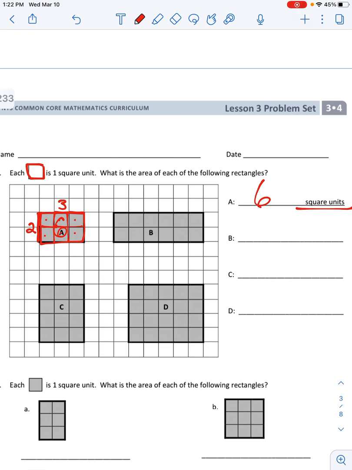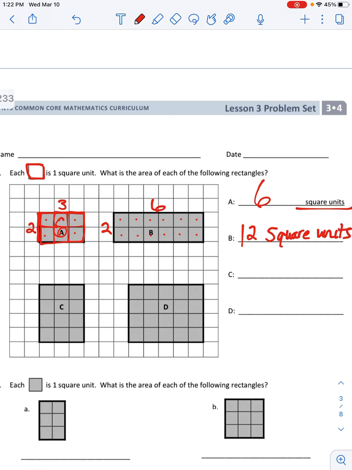For letter B, I'm going to count them, or I could use multiplication. So 1, 2, 3, 4, 5, 6, 7, 8, 9, 10, 11, 12. It would be the same thing as 2 groups of 6, and my answer was 12. So on my line, I would write 12 square units. I need to write square units.